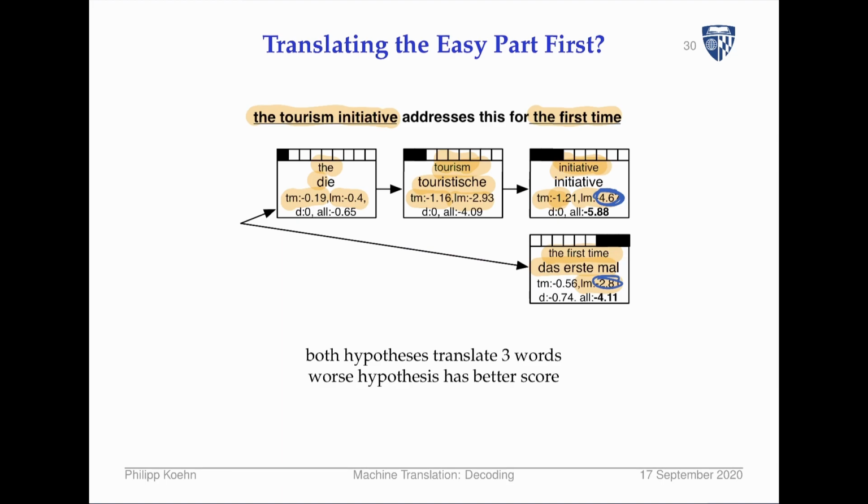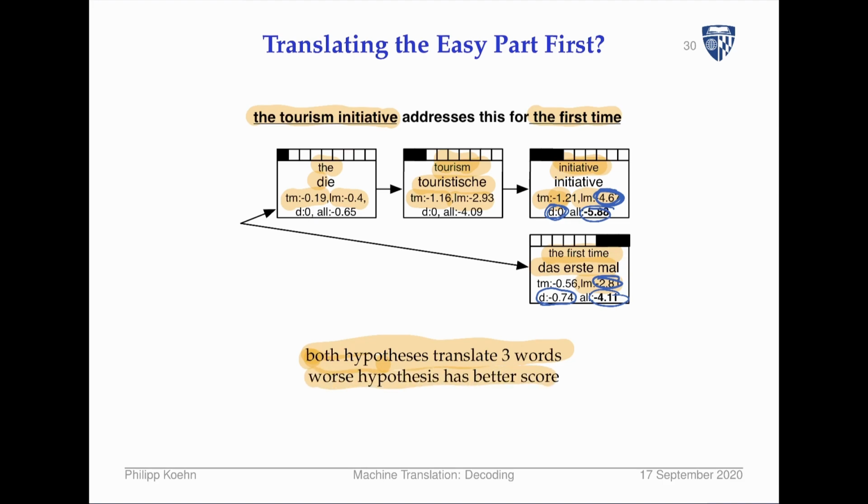In terms of reordering, the first one doesn't do any reordering, so it's happy with it. And the second one has some reordering involved, so there's some cost implied, but still overall, the cost for the second one is better than the cost for the first one. So why does all that matter? Both hypotheses translate 3 words, and the worse hypothesis, which starts with the end of the sentence, has a better score.